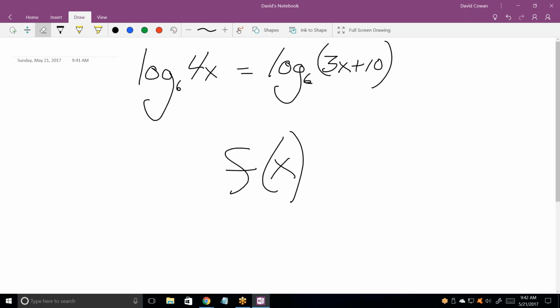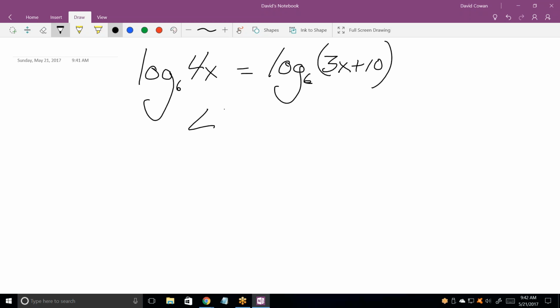Okay? So what I'm really doing here is if the log base 6 of this argument equals the log base 6 of this argument, then this argument has to equal that argument. So that's what I'm going to do. And then it's easy to solve. X equals 10. Okay.